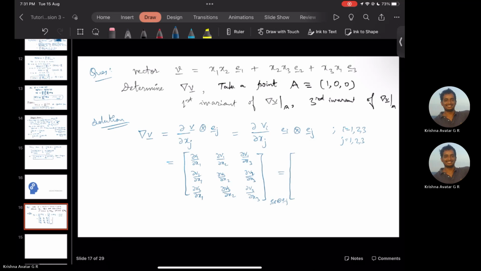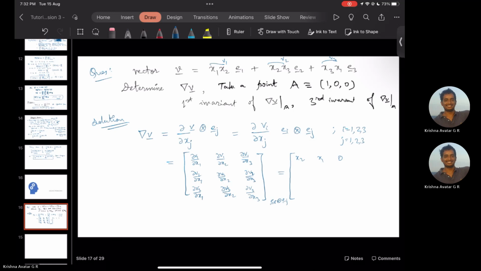So let's do it. Partial with respect to x1: this is v1, this is v2, and this is v3. So partial v1 by x1 is x2. Partial v1 by x2 is x1. Partial v1 by x3 is 0, there is no x3 factor in that term.